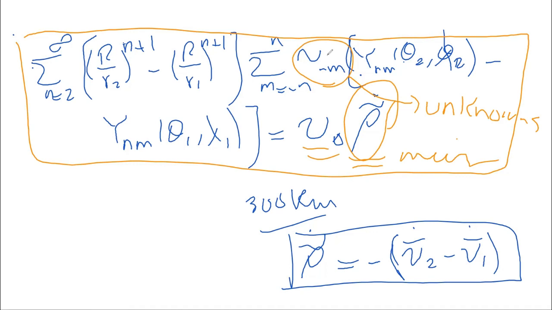Therefore, for each measurement between two satellites, you can write an observation equation. And how many of this type of measurements do you have? You have millions of this type of measurement around the Earth. And when you have a full coverage all over the Earth, you can determine the spherical harmonic coefficients of the gravity. This type is called GRACE type. This is the method which is used in the GRACE mission.